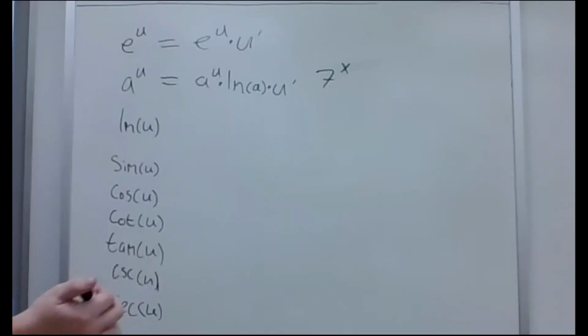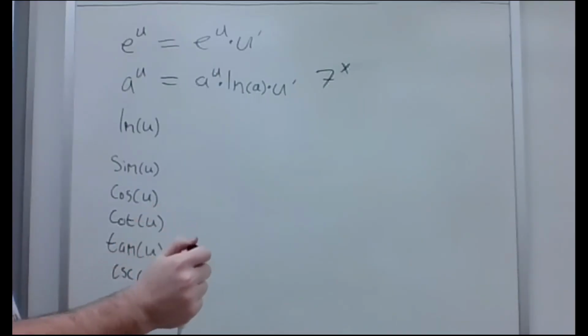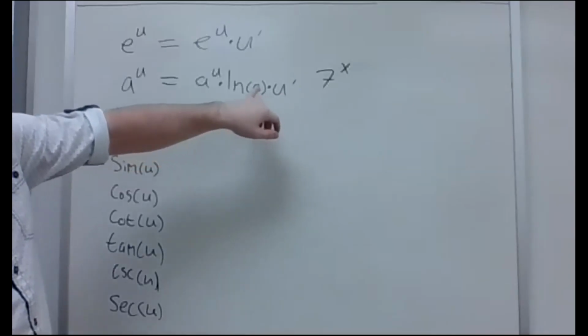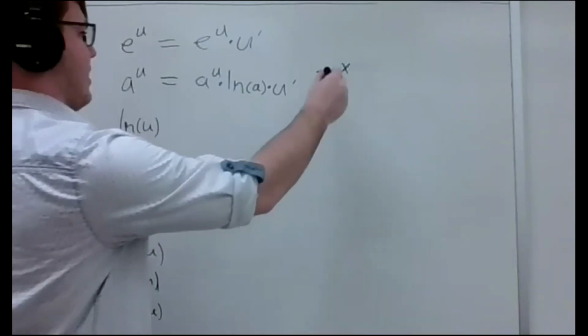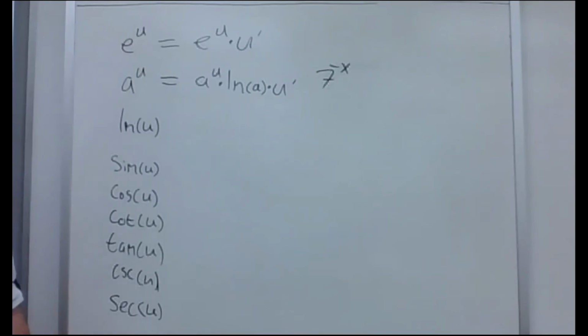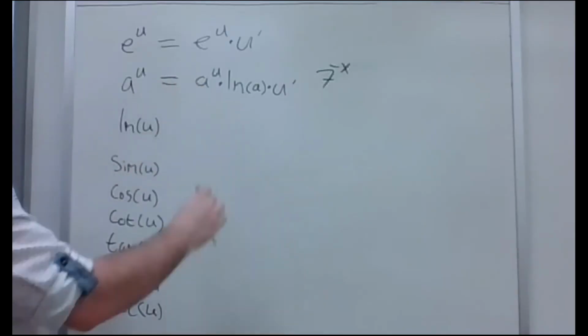So then it should just be 7 to the x times ln of 7 times u prime. What's our u prime? Oh yeah, sorry, it should just be 1. If this was a negative, 7 to the negative x, in which case it would be -1. It would make this whole thing negative, right?